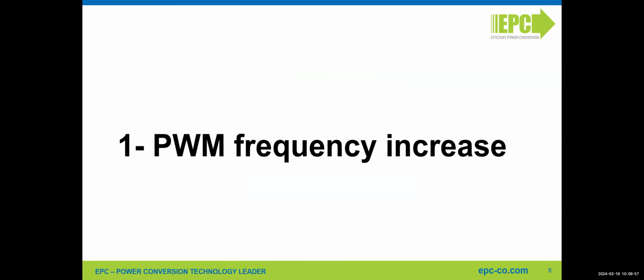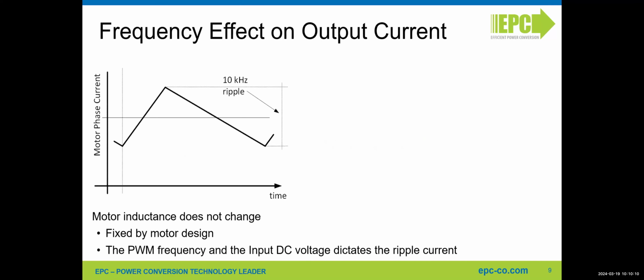So let's go into a little bit more detail and look at the PWM frequency increase. What does it mean in terms of the effect on the motor? There are several effects, and we'll show you the, let's say, most simple and clear. The first thing is, in this schematic example, if I have a 10 kilohertz PWM, I have a 10 kilohertz ripple on the current.